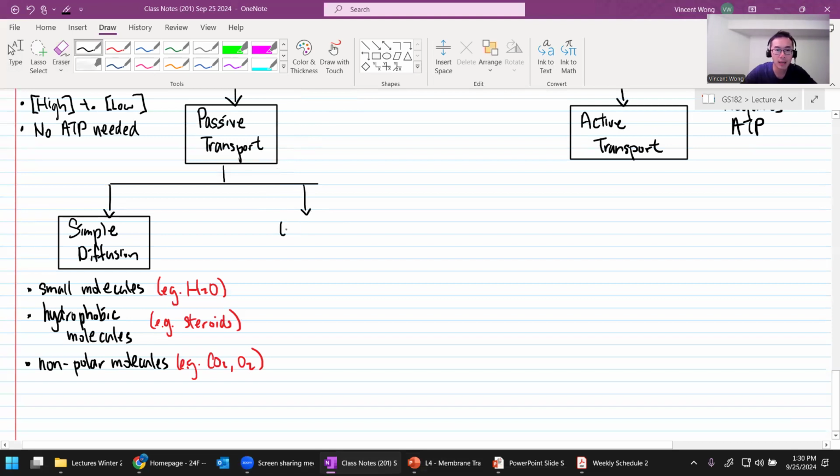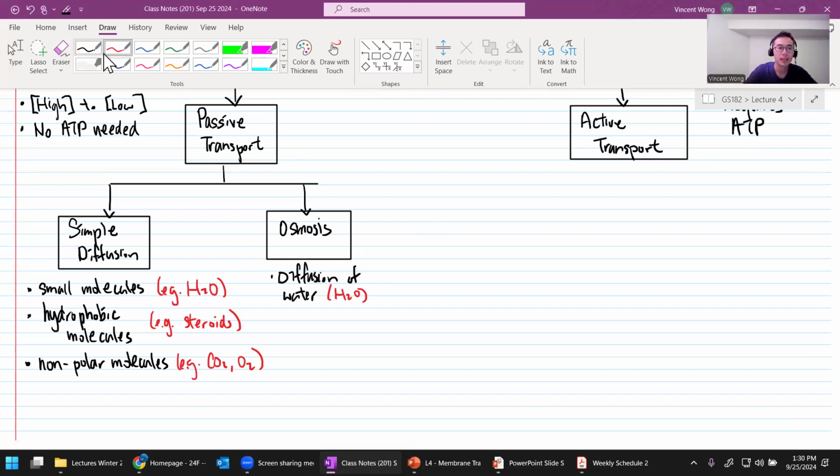Okay, so I'm going to add osmosis here as well, which is like diffusion of water, right? These are related. Okay, so I'm just going to put water again. Other things are not called osmosis. If it's other things that move, then it's simple diffusion.